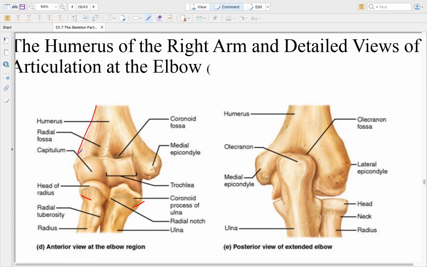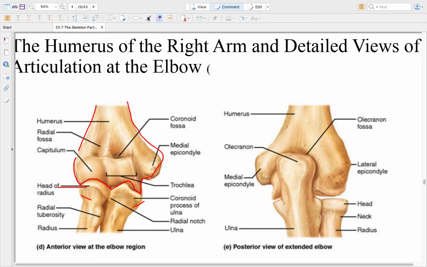And we know that it articulates and makes your elbow joint. And this is the elbow joint. The humerus articulates with the head of the radius. Where the capitellum is, that's what connects to the radius.